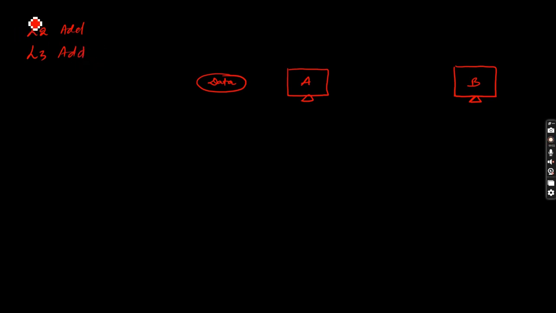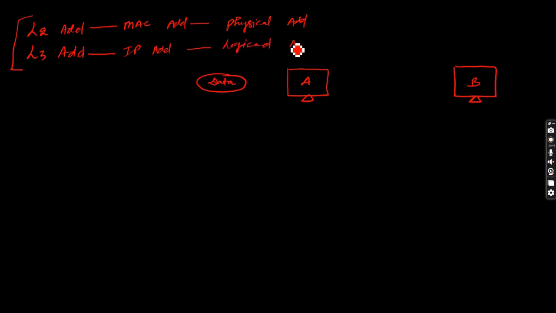The layer 2 addresses are basically your MAC address, and it is also called your physical address, as we discussed. Similarly, your layer 3 addresses are basically the IP address, and it is also known as the logical address.